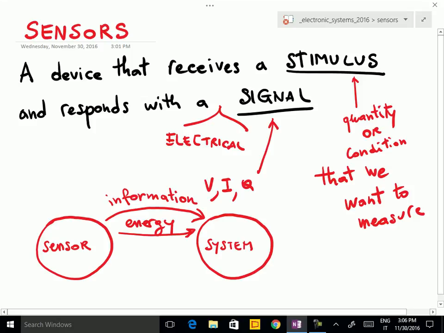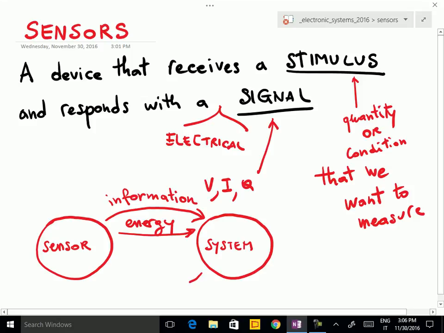And where does this energy come from? Of course, this energy can be extracted directly by the sensor from the environment, or can be provided by the system.